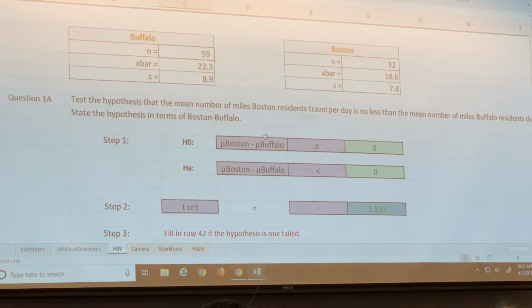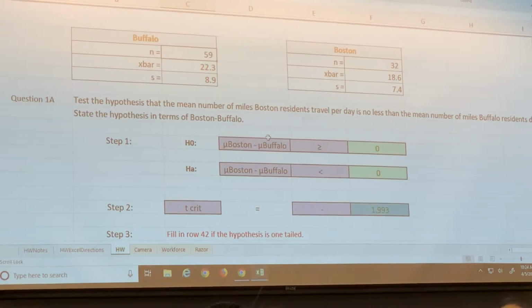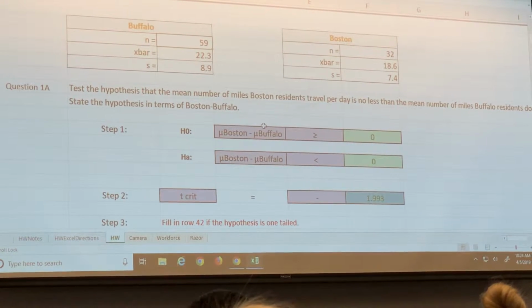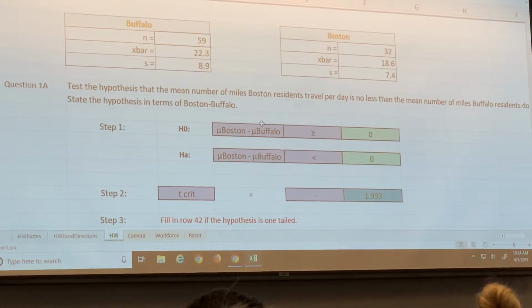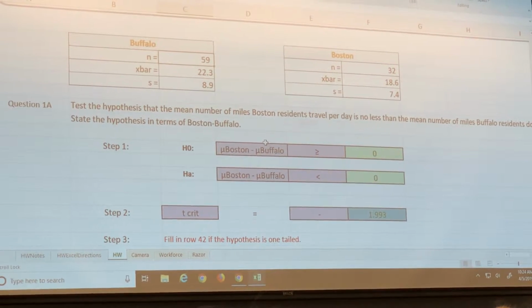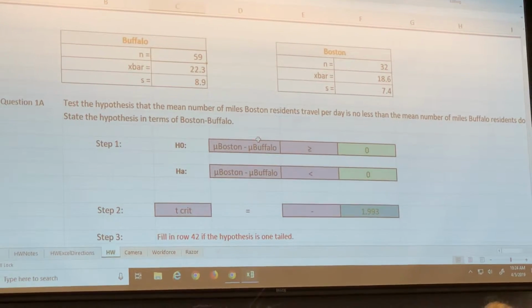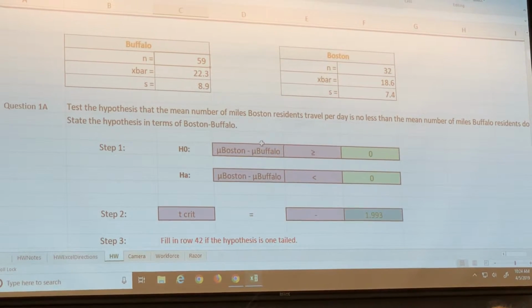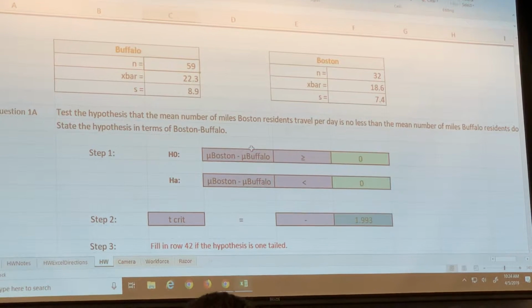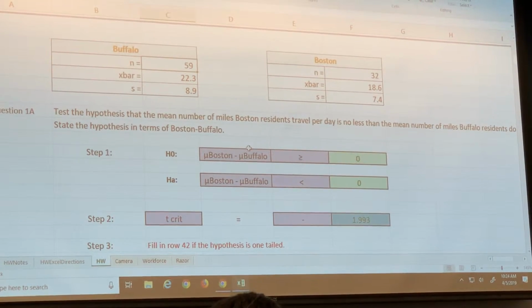What is my denominator? 7.4 squared divided by 32, store it. 8.9 squared divided by 59, store it. Now recall 1 plus recall 3. Square root it. 1 over x times recall 1.